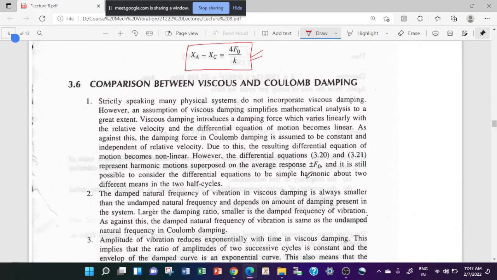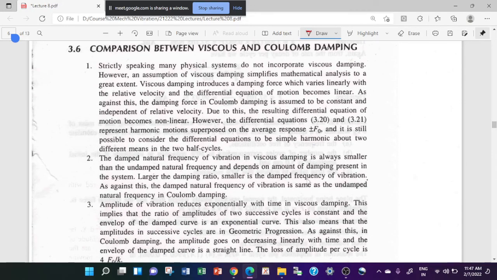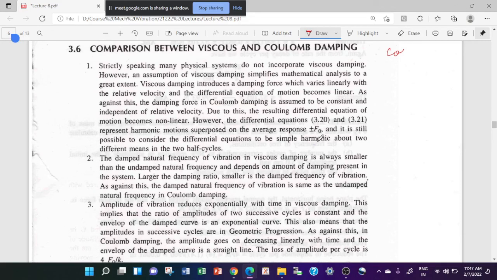Now let us have some comparison between the viscous and Coulomb damping. First comparison: in the viscous damping, the damping force is proportional to velocity. In the Coulomb damping, the damping force is independent of velocity.